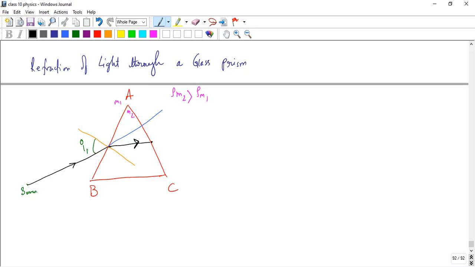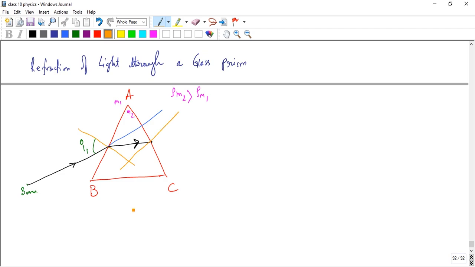Now the refracted ray acts as the incident ray on AC. If AC is the surface of incidence, the ray of light now travels from denser to rarer medium. Now again you draw a normal.